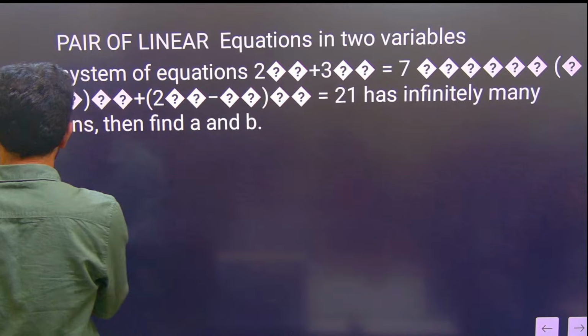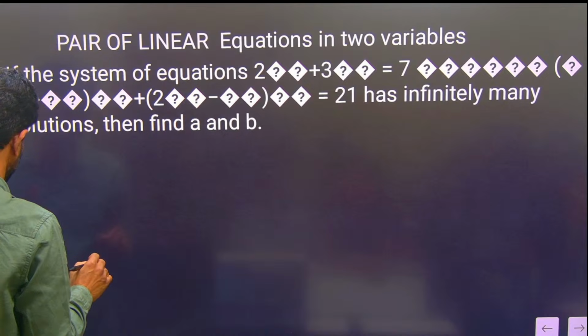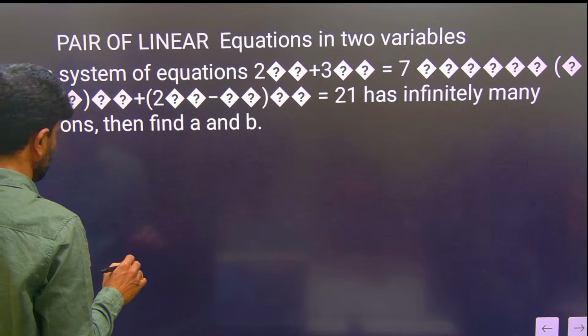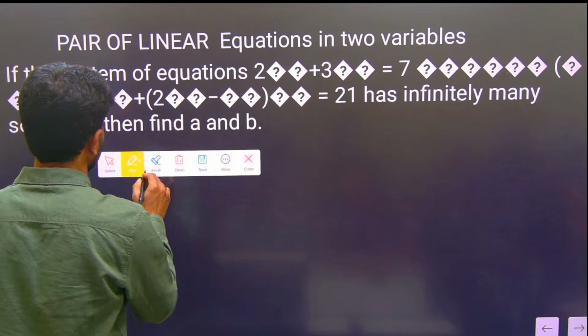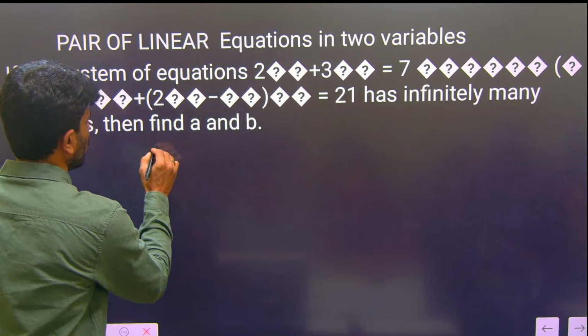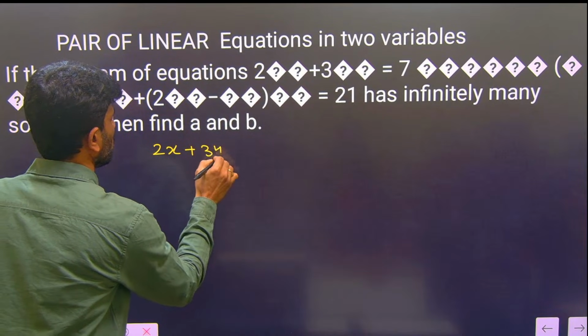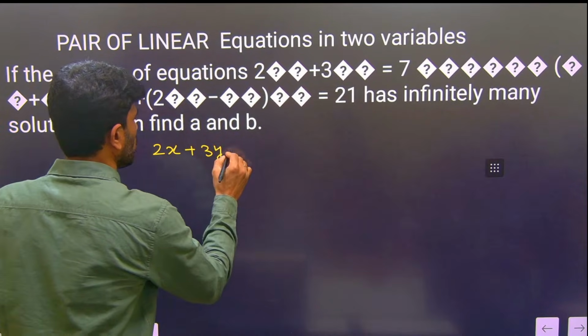The equations are: one equation is 2x plus 3y is equal to 7.